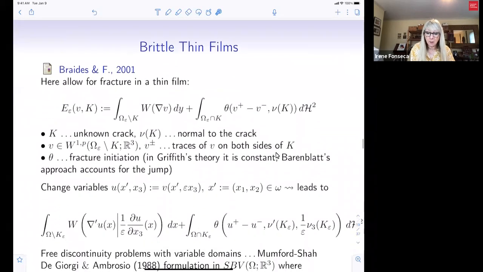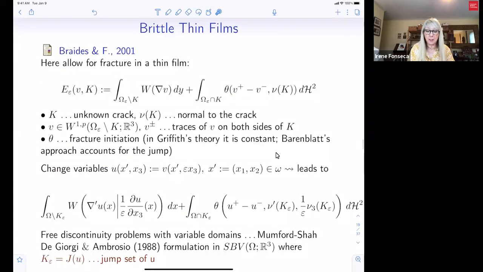And now let me talk about brittle thin films, and this is going back to work with Andrea Braides, and so here we are allowing for a crack. So I'm going to assume that my field V is smooth outside a crack K, which I assume has dimension 2, right?